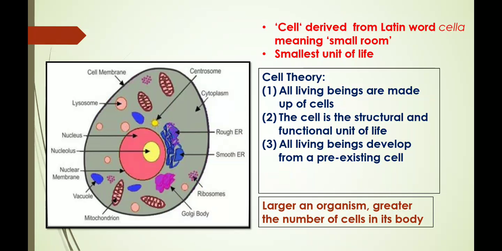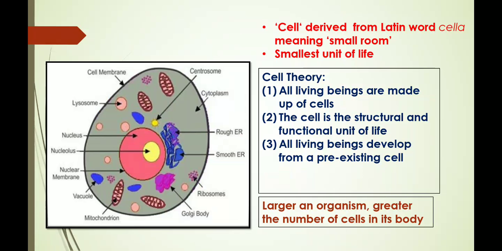Scientists have performed many experiments and finally they came up with the cell theory, which states that all living beings are made up of cells and the cell is the structural and functional unit of life. This means that all the structures present in our body and the functions performed by these structures are dependent on cell. That means cell controls all these structures and their functions that are present in our body.